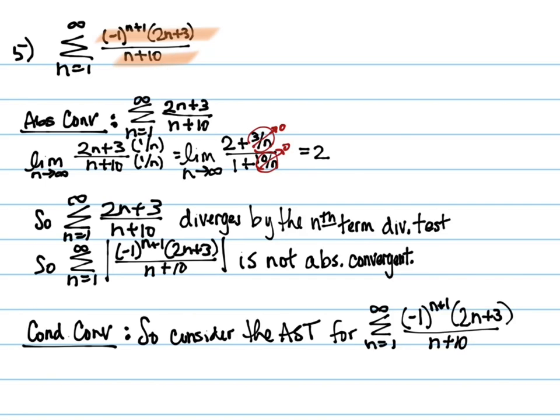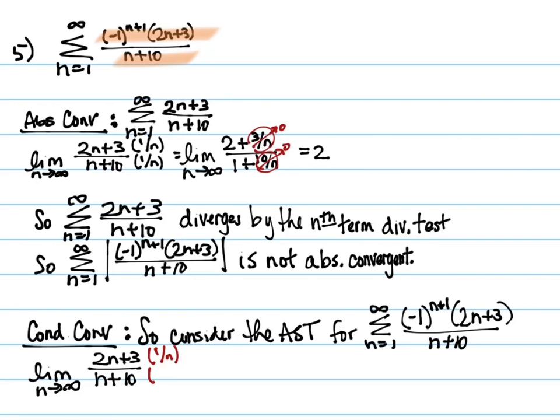Okay, so this is an alternating series test. If it's an alternating series test, it will converge if the limit as n goes to infinity of all the parts that are not the -1 to the n part does something specific. So we're going to do the limit as n goes to infinity of 2n plus 3 over n plus 10. And it starts to look awfully familiar. We just did this a minute ago, right?